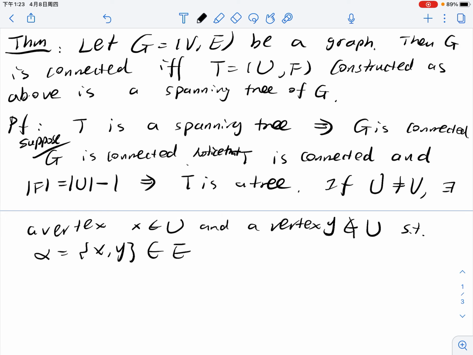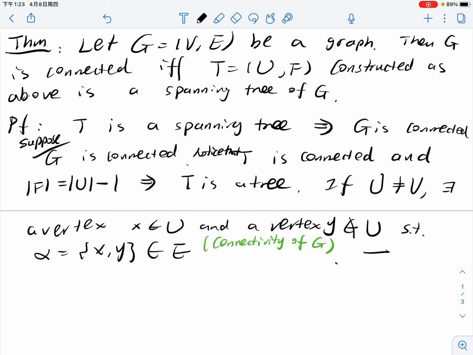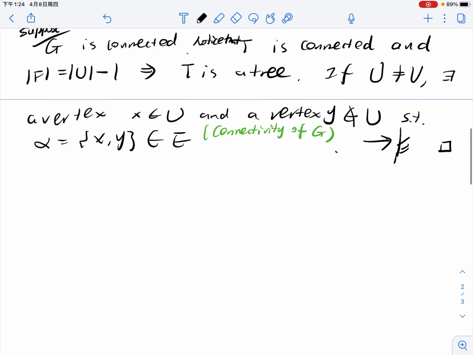This is by connectivity of G. Then this is a contradiction, because if we have such x, y, and alpha, then by the algorithm we should add y to U and alpha to F. So the above T is not the final result from the algorithm. Okay, then we are done.